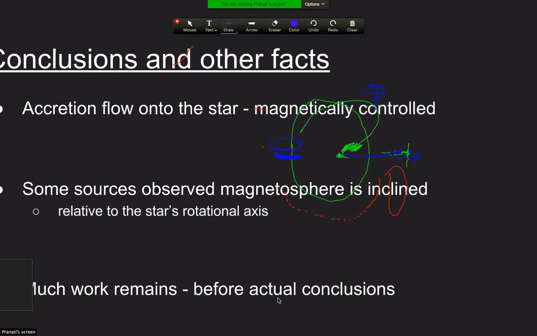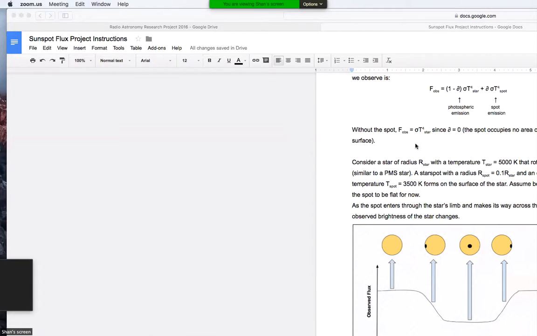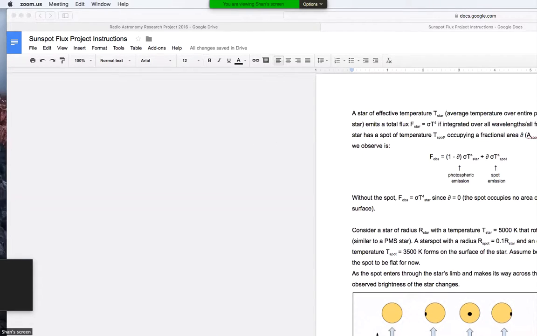Okay, so let me switch over to my screen. I have the instructions in front. Yeah. Okay, I'm going to stop mine. Okay. Thanks, Pranati. Thank you. So here we go. Do you guys see the instructions? You have to move to the left.